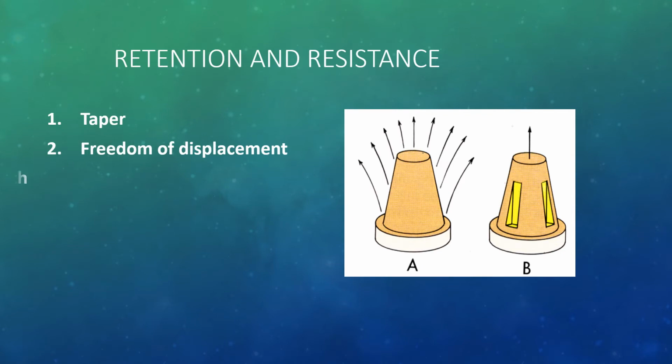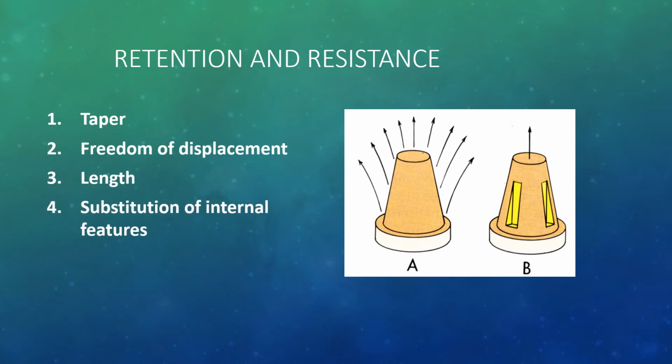For your retention and resistance form, there are different important factors: your taper and the freedom of displacement. For all your anterior and posterior teeth, you need to follow a 6-degree taper, and it should not be less or more than that, so that there will be a single path of insertion and removal of the crown.